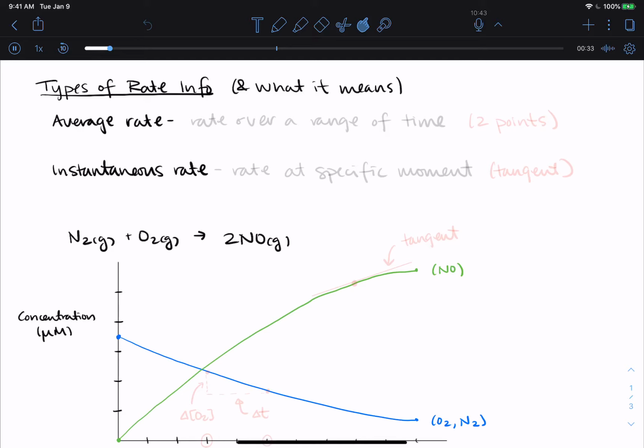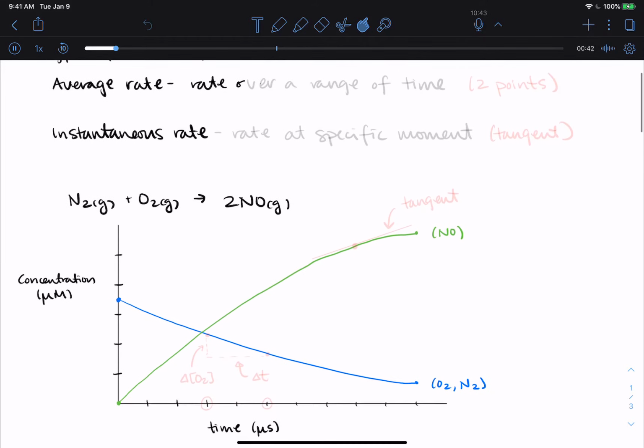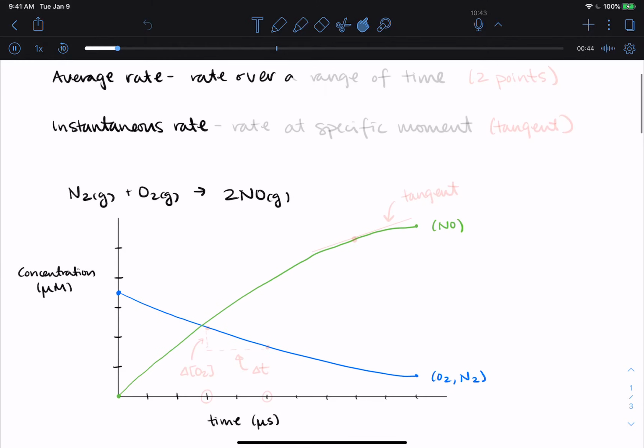One of them is the average rate, and so this is just the rate over a range of time. And from a graph like this, you can get that information if you just have two data points.